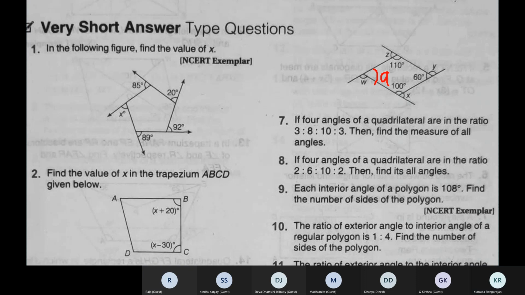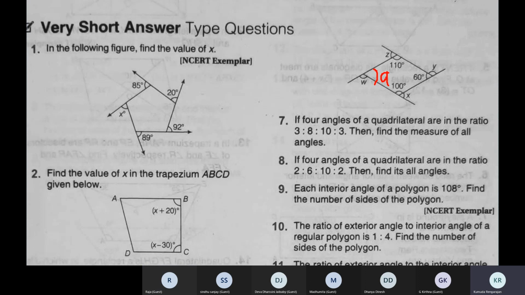Ma'am, A plus W is equal to 180. Why? Ma'am, because they are supplementary. Yeah, because they form a linear pair.